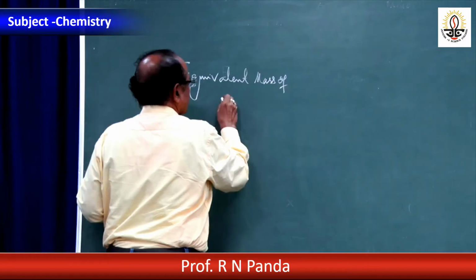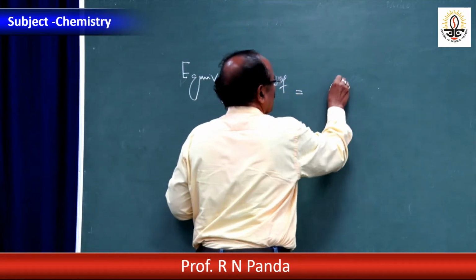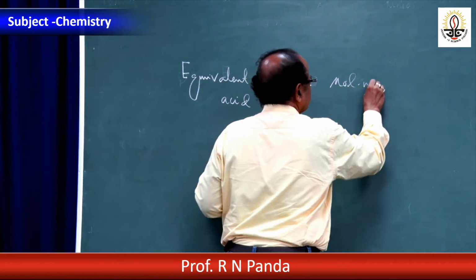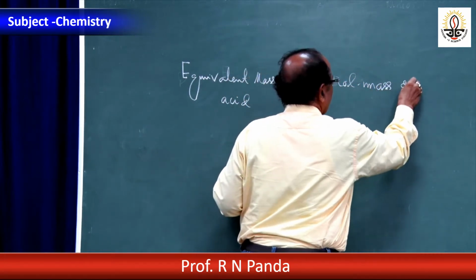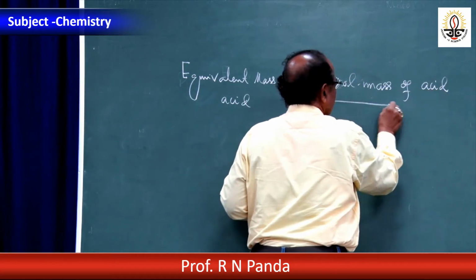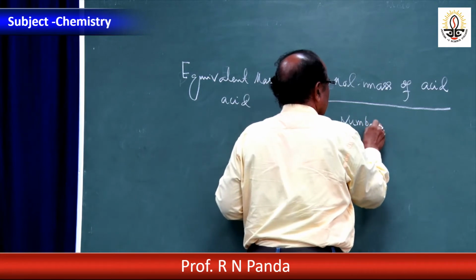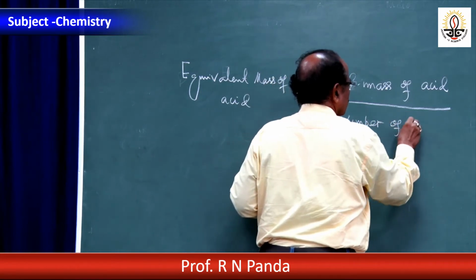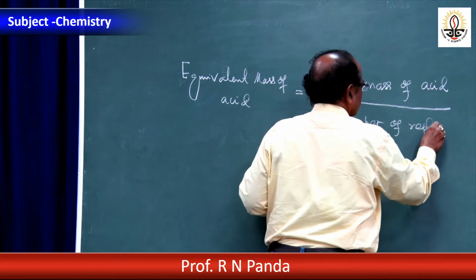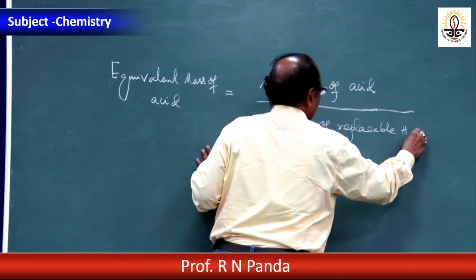The equivalent mass of acid is equal to the molecular mass of acid divided by the number of replaceable hydrogen atoms.